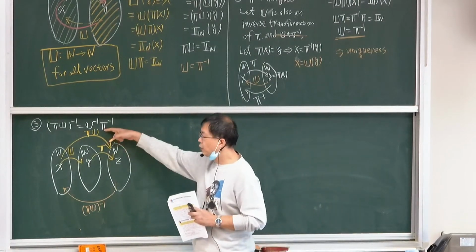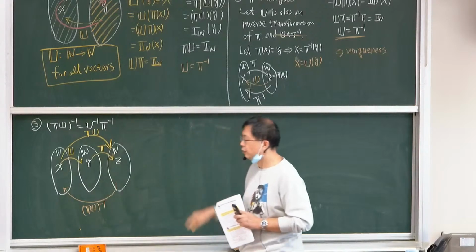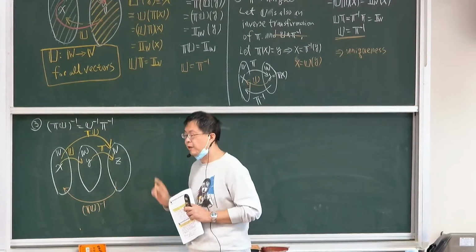So from the yellow one to the orange one is TU inverse.